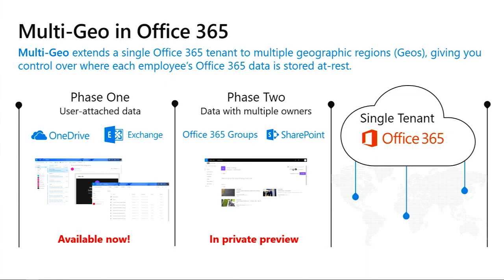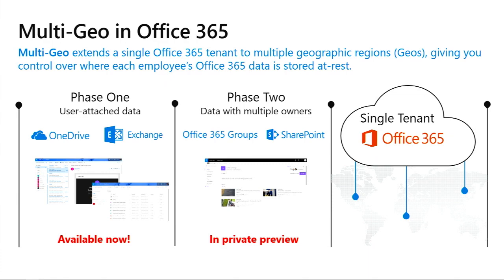We are in a phased model of enabling this capability. Currently, phase 1 is available, which enables OneDrive and Exchange. For example, if you configure multi-geo for a user, that user's OneDrive and Exchange data is going to be stored in that specific country. Then we are enabling, soon to be available, what is currently in private preview and will soon reach general availability.